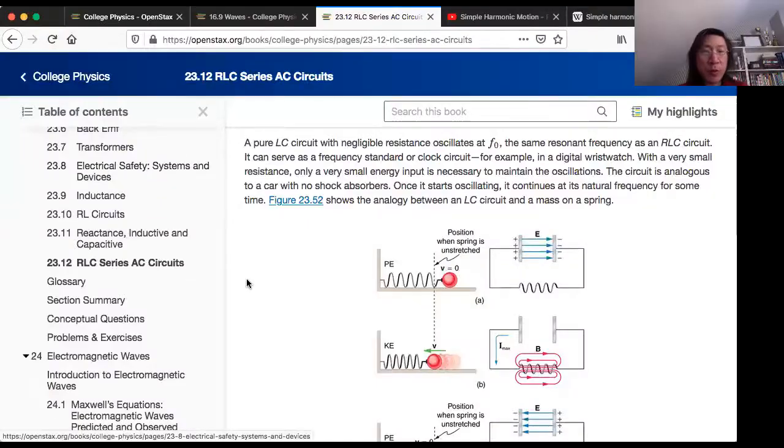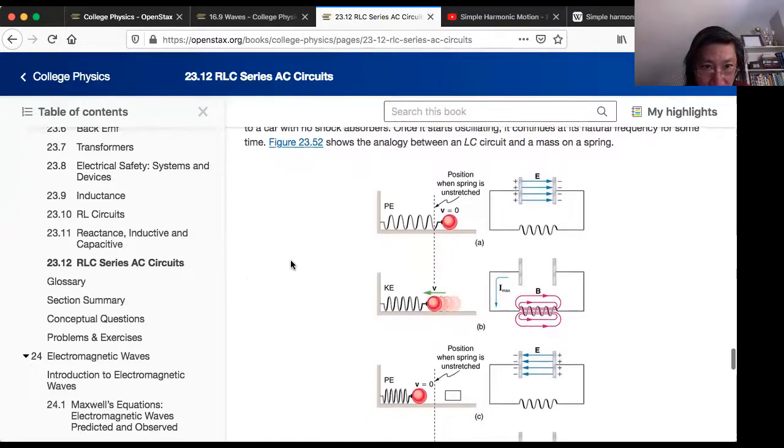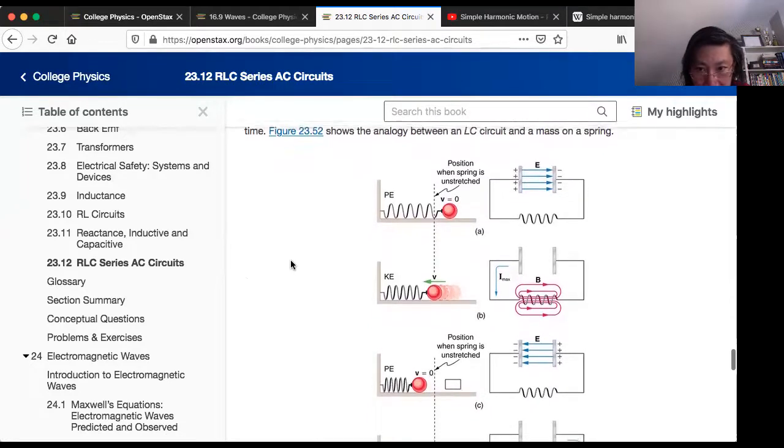So let's finish up that aspect of the thought process by asking, what is the value of these RLC circuits? This is where we left off last time. Sharing the screen one more time with College Physics, Section 23.12, we had a conversation about RLC series AC circuits.